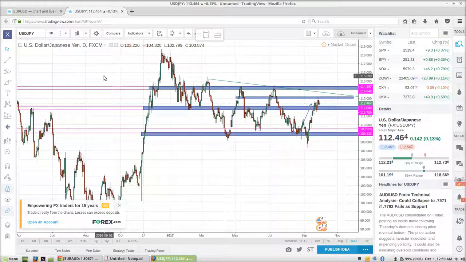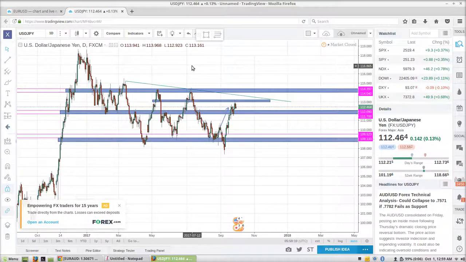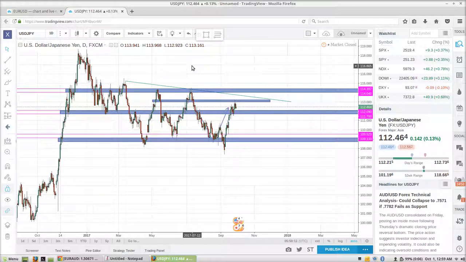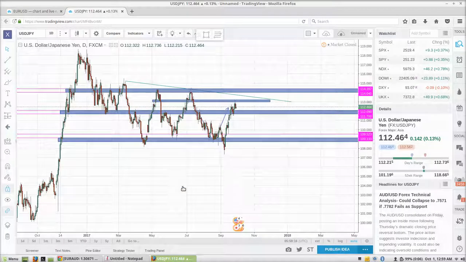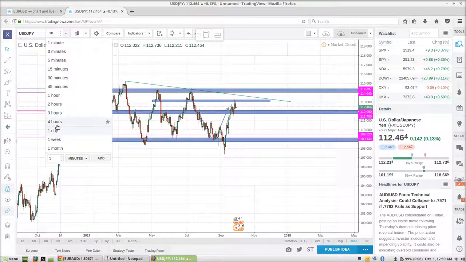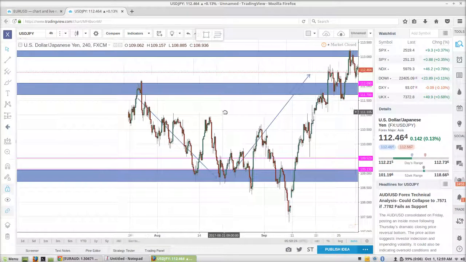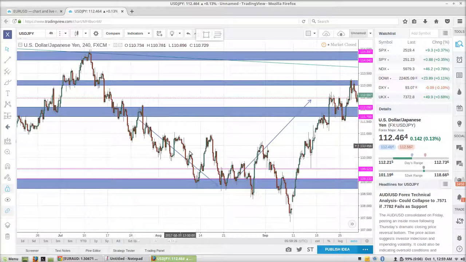This is USD JPY, and as many of you know, North Korea and the USA are not having a fun time with all these Twitter fights and war issues. Let me zoom in a little to show you. You'll see that you actually drew it right for some reason, but the price went down.